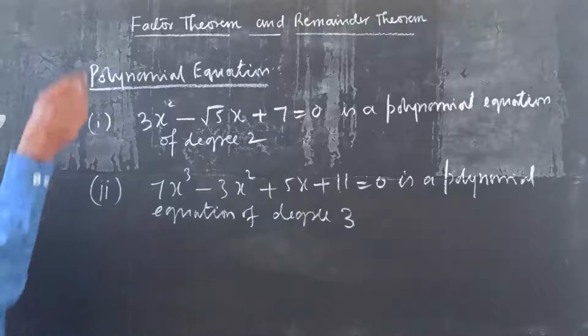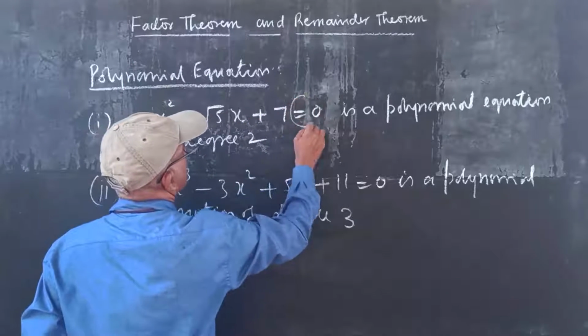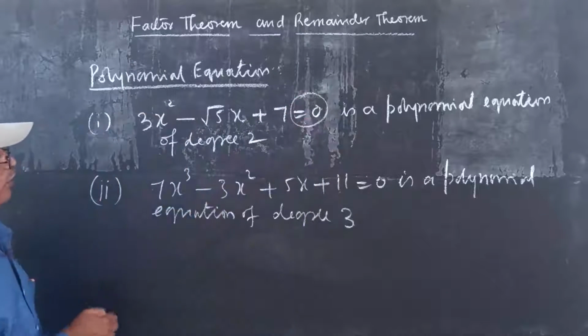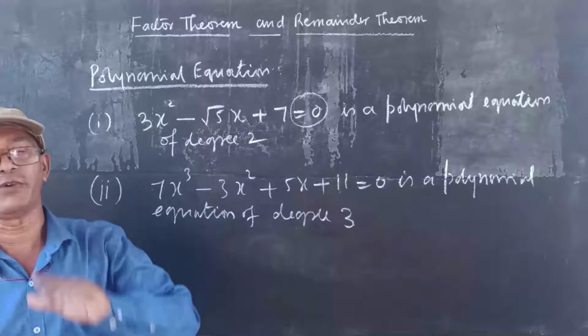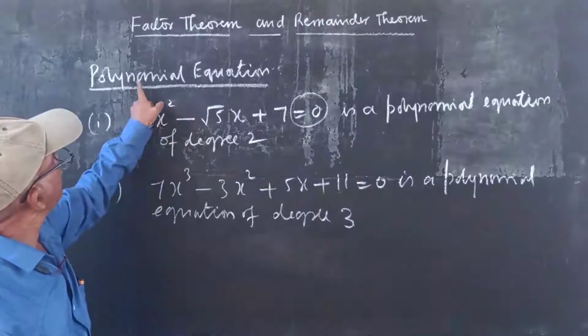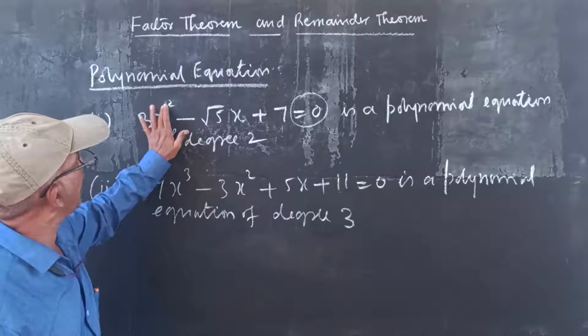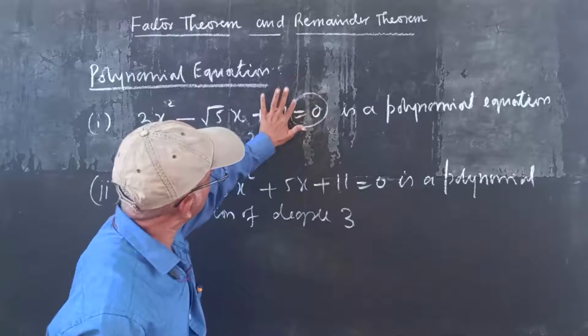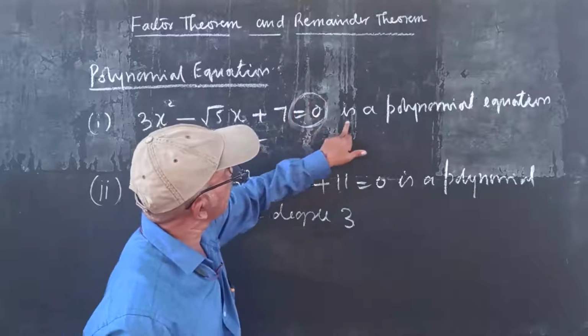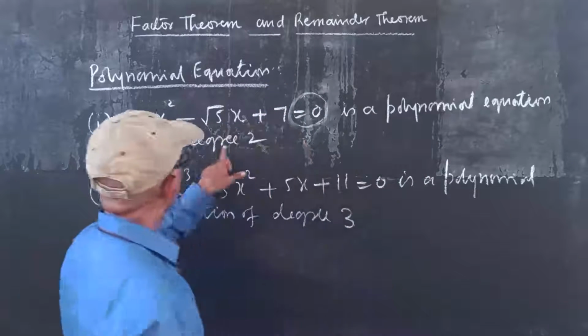One thing is, if you do not write this is equal to 0, this is going to become an expression, not an equation. We are using polynomial equation. So 3x square minus root 5 x plus 7 is equal to 0, then it is a polynomial equation of degree 2.